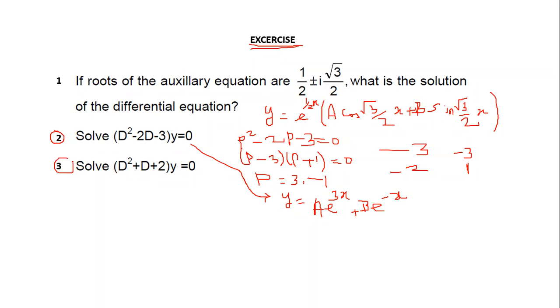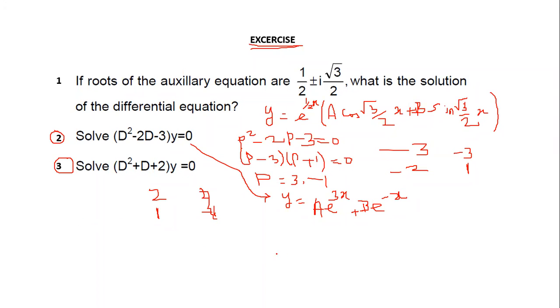For the third problem, D square plus D plus 2 into y equal to 0 is there. In case you are not able to identify the roots by factoring, since the multiplication is 2 and the addition is 1, we have to use a different formula.